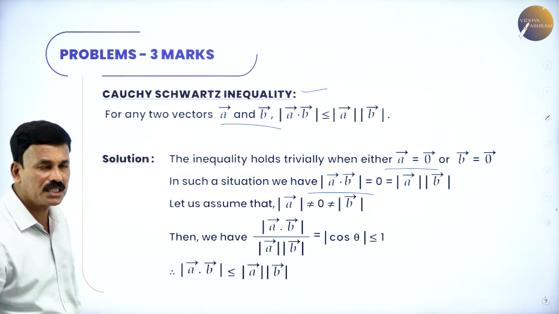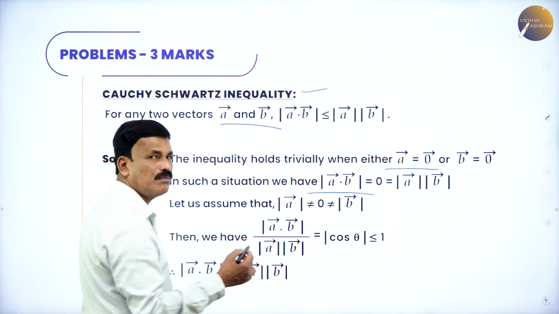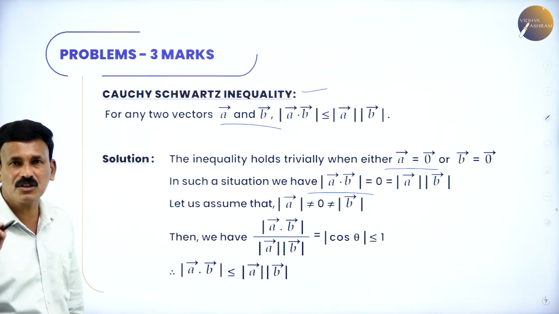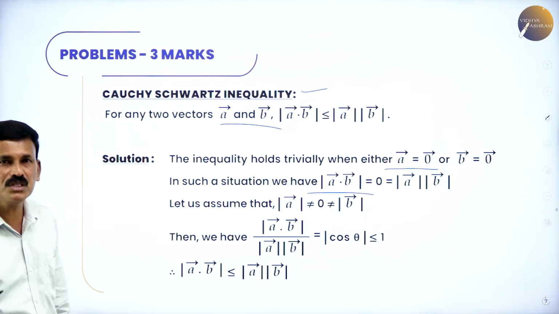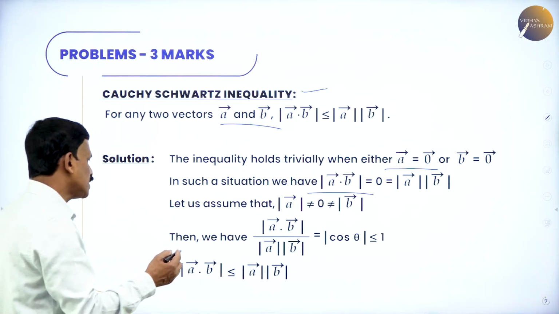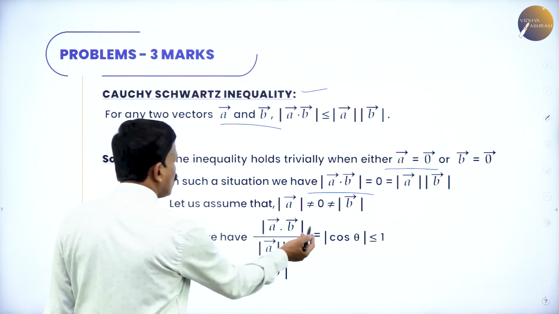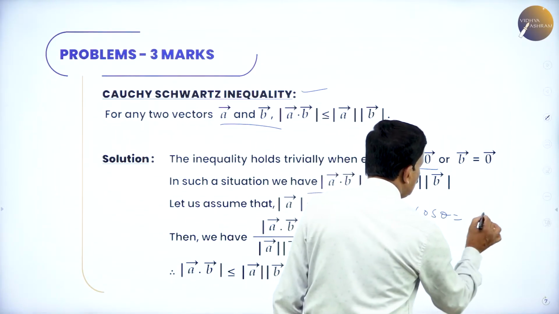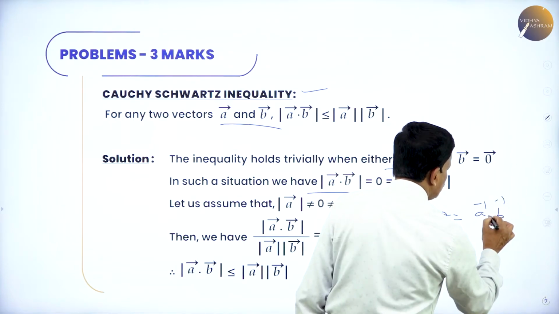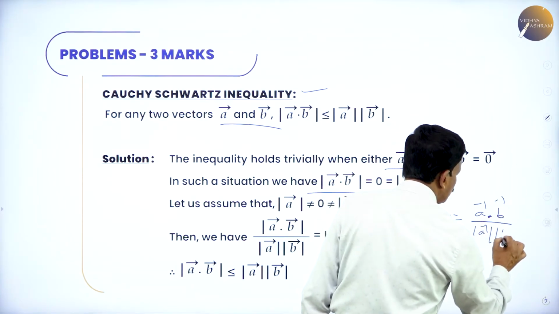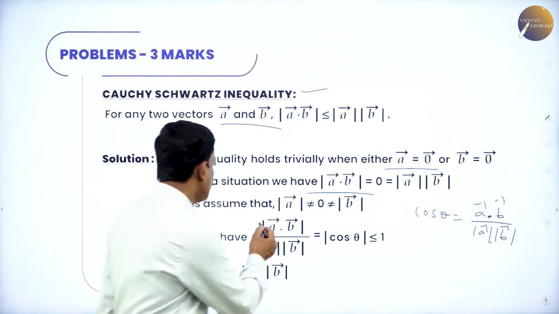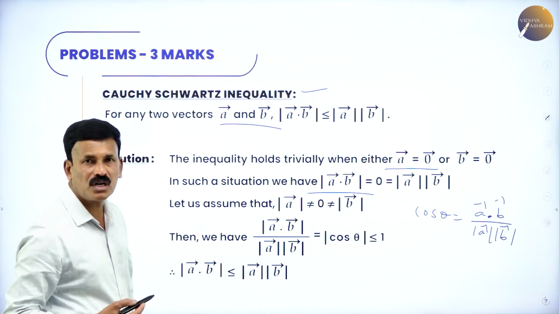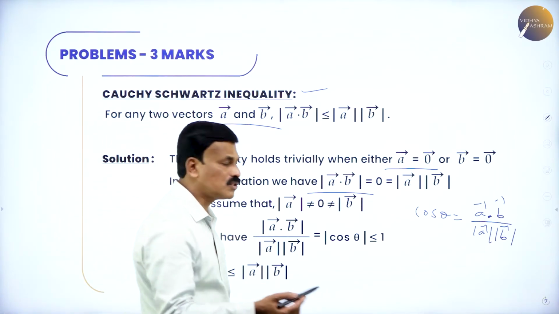Let us assume that the magnitude of A and the magnitude of B are not equal to 0. Suppose the length of vector A is not equal to 0 and the length of vector B is also not equal to 0. In such a case, cos theta is equal to A dot B divided by length of A into length of B, which is less than or equal to 1.